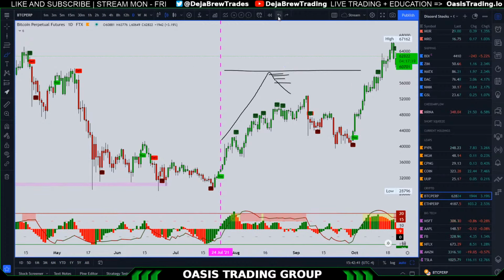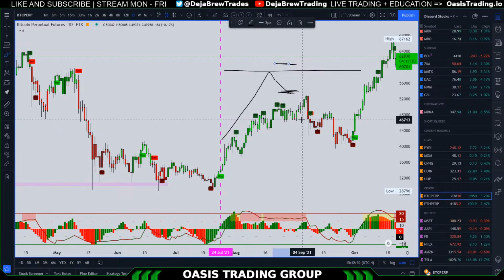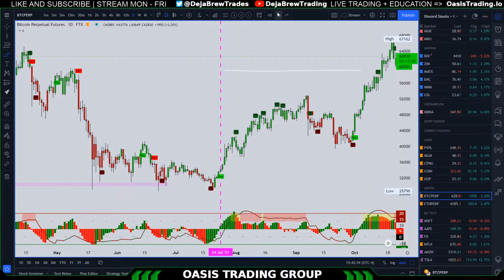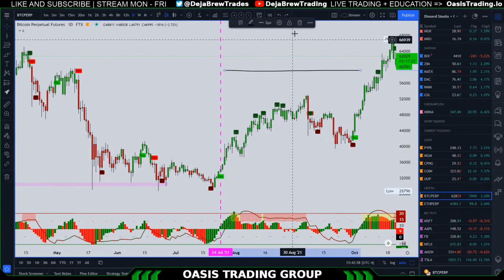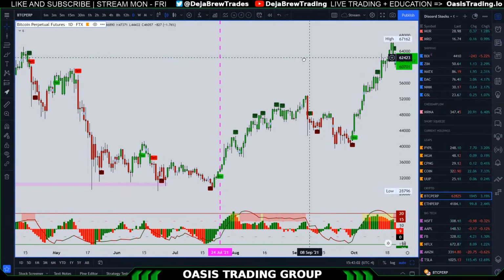But if you waited for the daily, you would have taken the daily short a little late, and then your risk is much higher. So when you're hitting the pivots on the higher time frames, you want to be going down to the lower time frames to check how the bot is responding to those pivots. Okay.